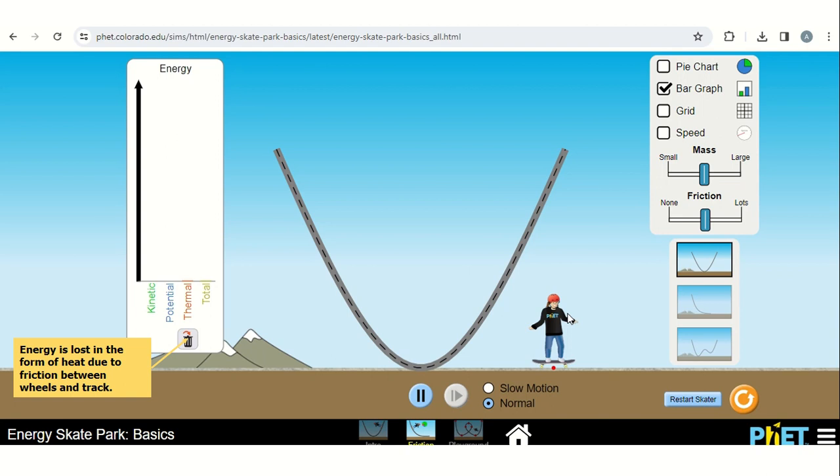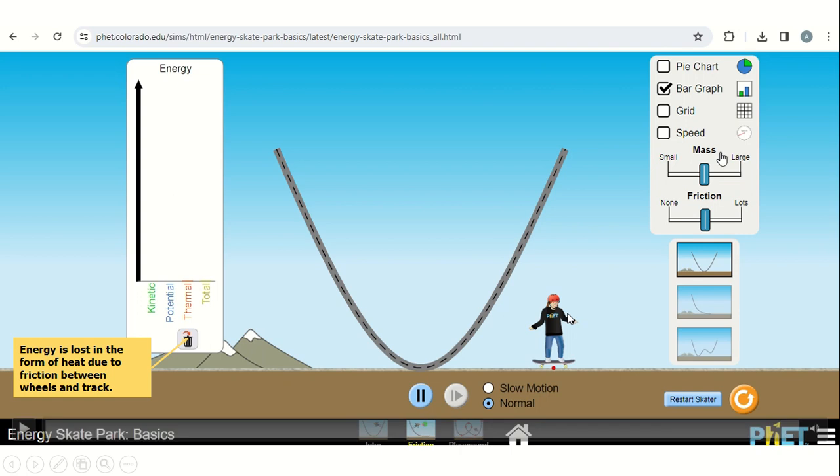Take note that the conservation of energy only applies in cases when no external forces like frictional force is present, as they can decrease the mechanical energy of an object. Remember that frictional force will slow down motion, reducing kinetic energy. Let's take a look at this simulation to understand this better.